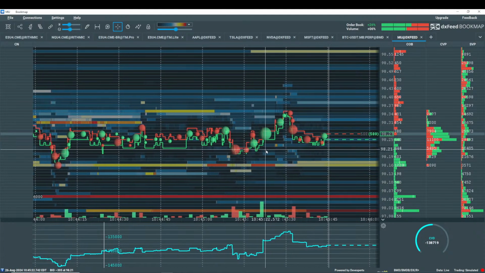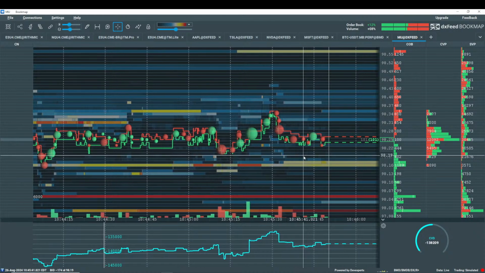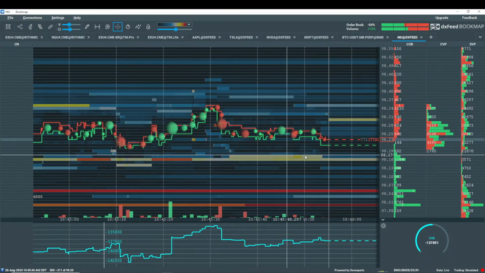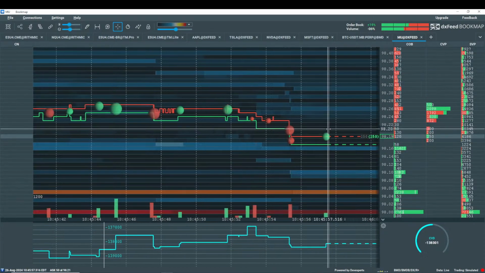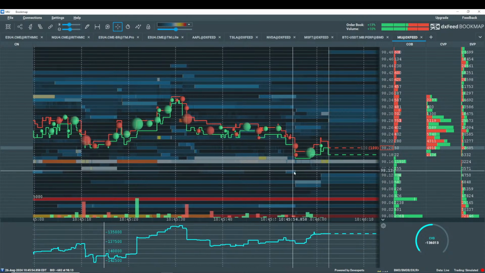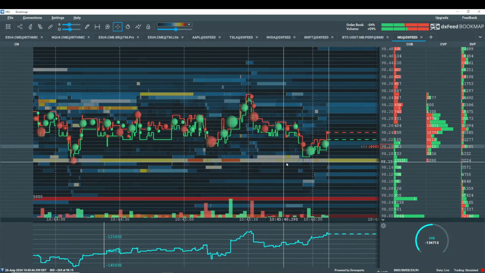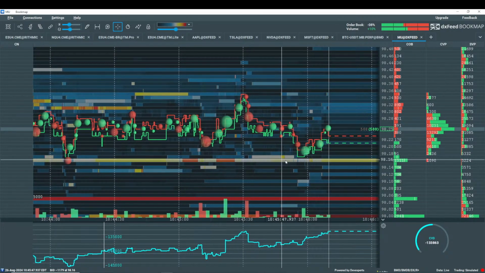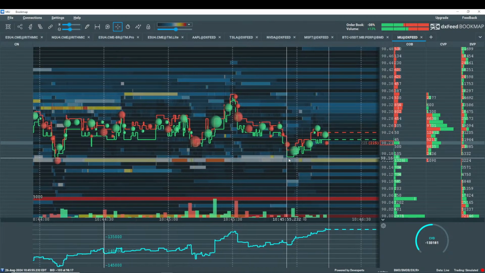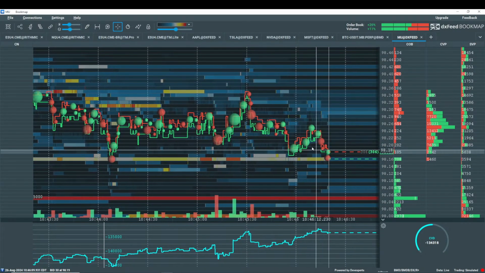Not yet. Okay, bid is still strong though. Okay, now the offer is starting to show, and they're starting to pull some of that liquidity here. Okay, kind of a hard read at the moment.